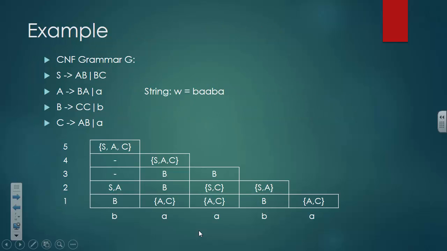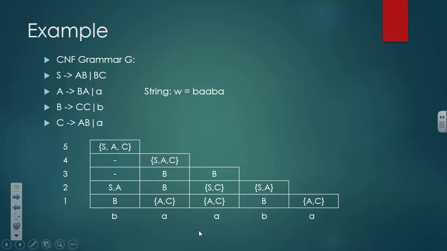I will now briefly go over an example of the CYK algorithm. Given the string BAA, the triangular table can be constructed. The height of the triangular table is equal to the length of the string. As you can see, our string length is 5, and the triangular table is 5 blocks high and 5 blocks wide.